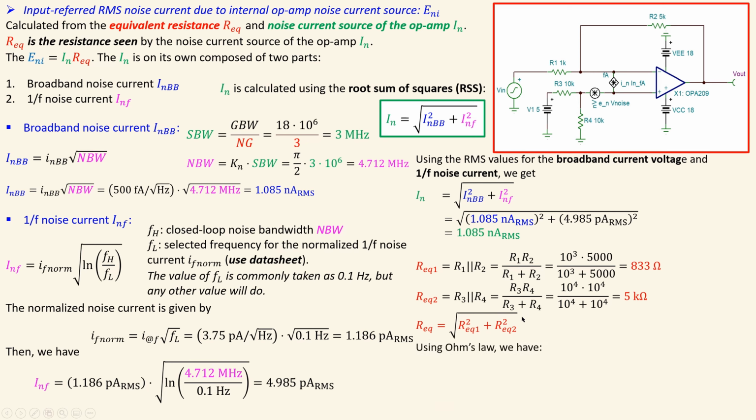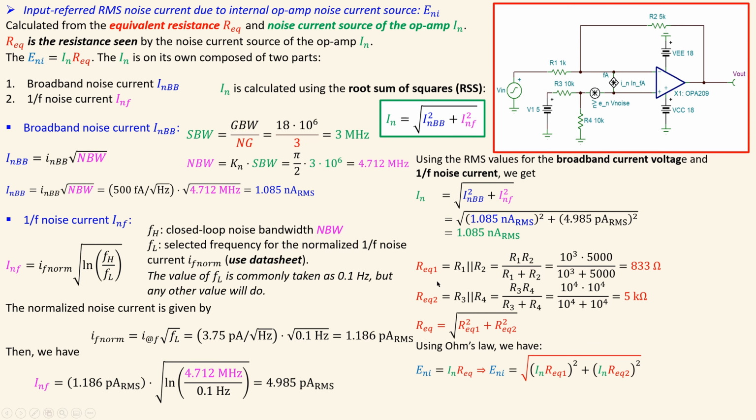You can of course use Ohm's law directly using this expression and say that E sub Ni, which is the input referred RMS noise voltage, a voltage of course, due to that internal op-amp noise current, can be calculated using this formula.